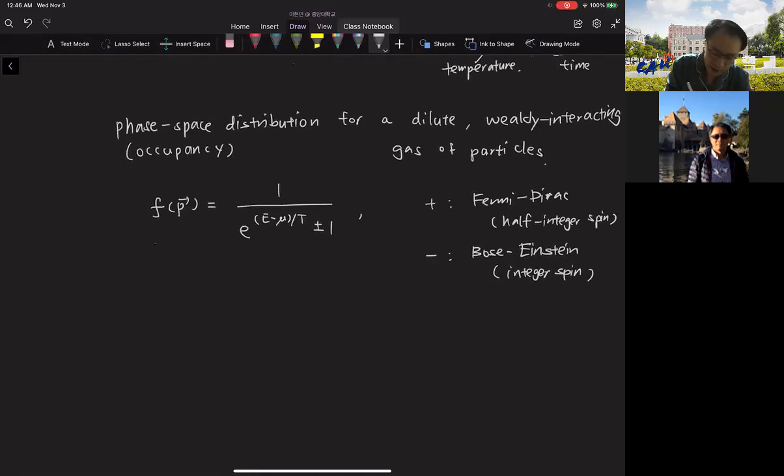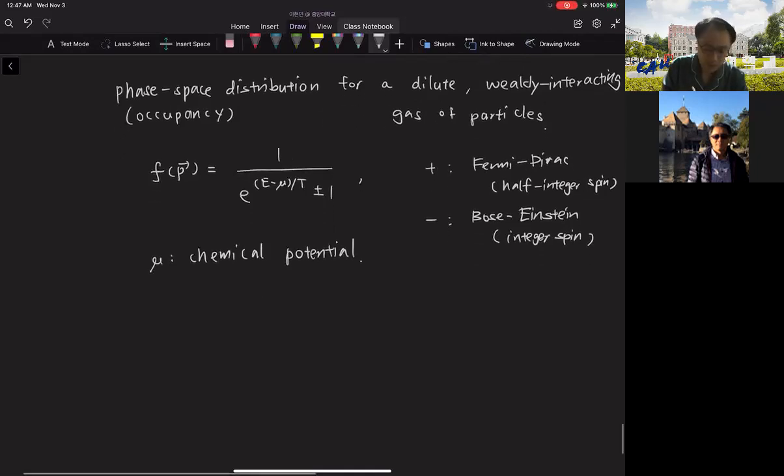Here E, capital E, is the energy, and mu is the chemical potential. So we are assigning plus 1 for particles satisfying Fermi-Dirac statistics, minus 1 for Bose-Einstein statistics.